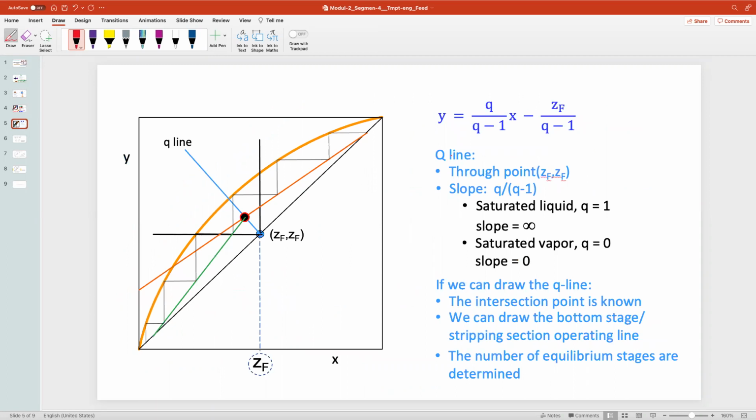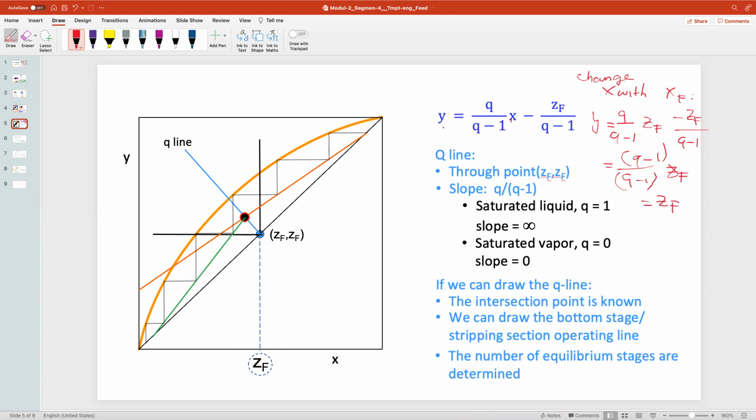This Q line will go through the point ZF, ZF. So if we replace X with ZF, the Y becomes Q divided by Q minus 1 times ZF, minus ZF divided by Q minus 1. So this becomes ZF, and then Y becomes ZF.